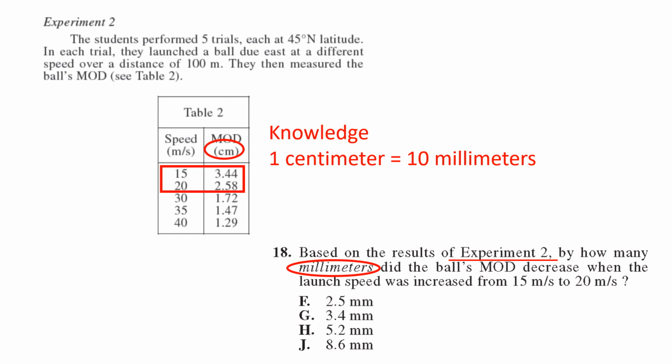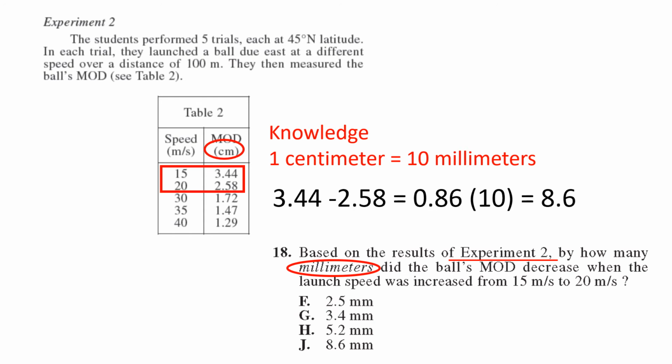And then when we go from 3.44 to 2.58, subtract that, you get 0.86 times 10 is 8.6. Probably even if you didn't know this knowledge, if you had subtracted those two and got 0.86, you could have rationalized that it was J even without that knowledge. It's the only one that really works. So J is your answer.